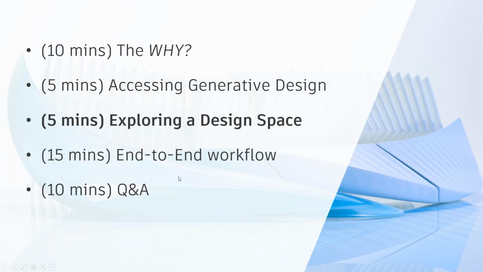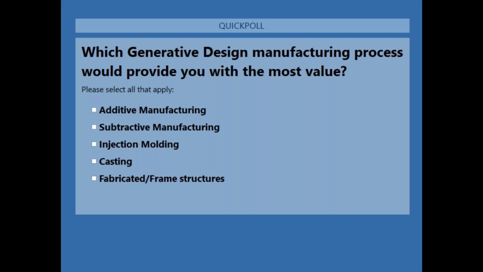So before moving on to the next section, I'd like to launch what could be the final poll question here of the day. We talked a lot about the manufacturing types within generative design, so additive, subtractive, injection molding, casting.